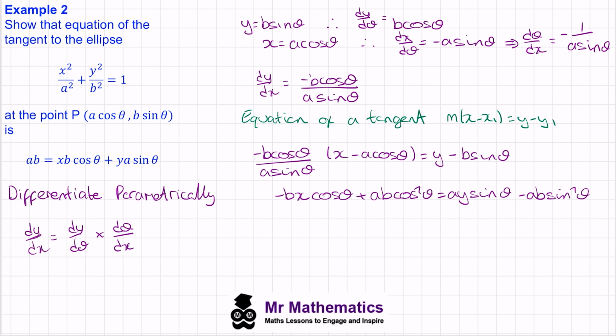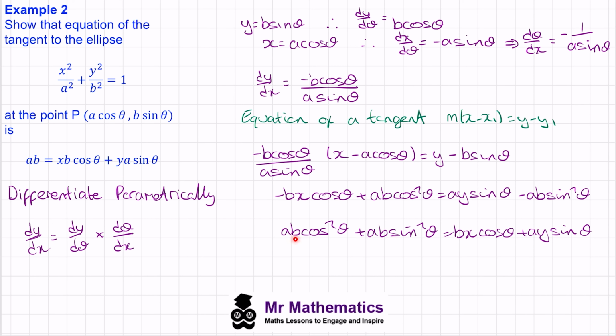We've been asked to leave the ab on the left hand side, so I'll move this negative ab sine squared over to here, and I'll move the negative bx cos theta to the right hand side. So now we get ab cos squared theta plus ab sine squared theta is equal to bx cos theta plus ay sine theta.